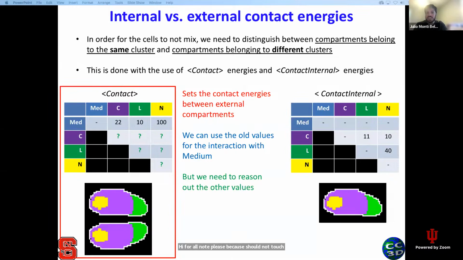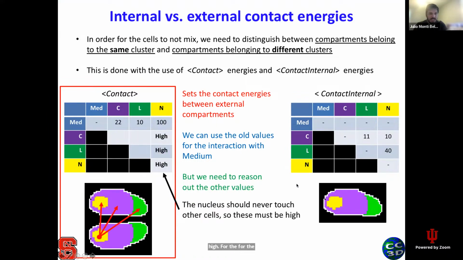Yes, very good. So definitely you want to make it very high for the nucleus, because you want to prevent it from touching the medium, and even more to touch the compartment of the other cells. So for the nucleus, you definitely want high.